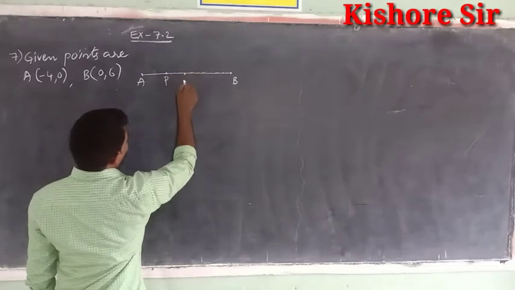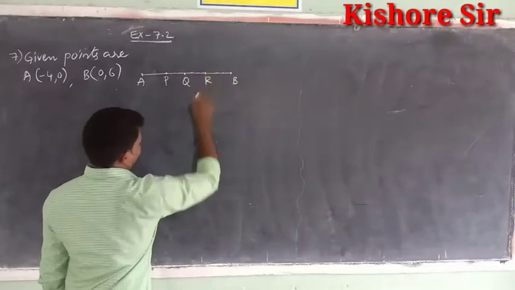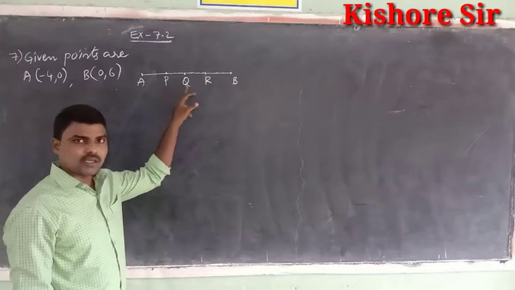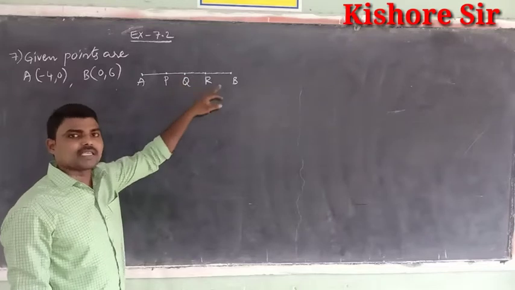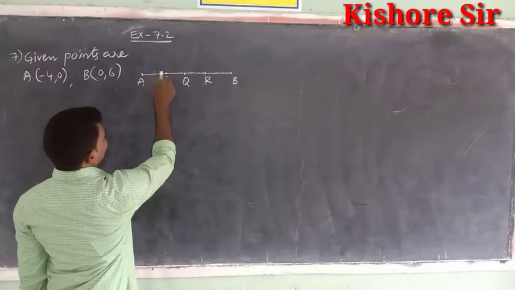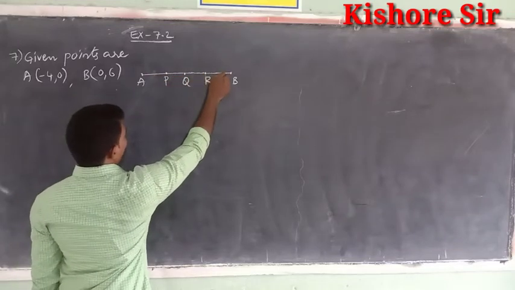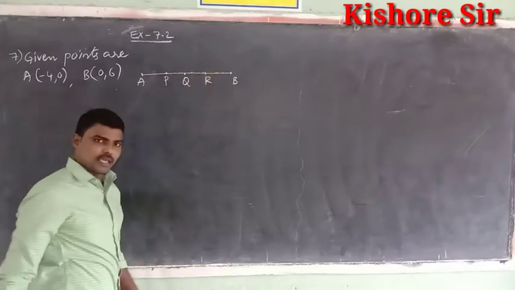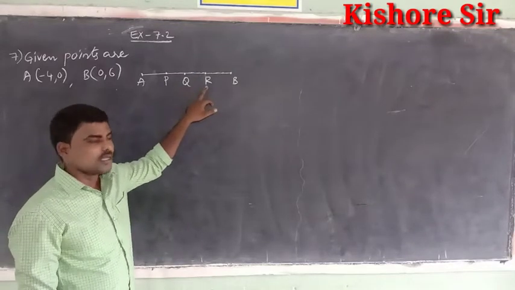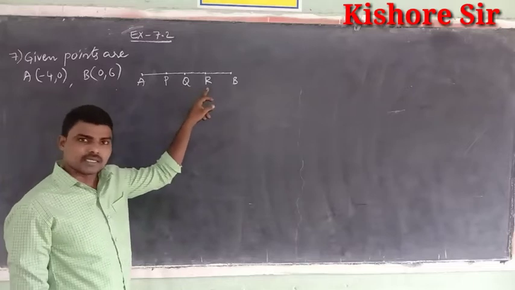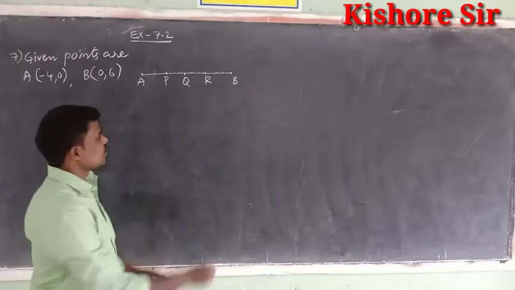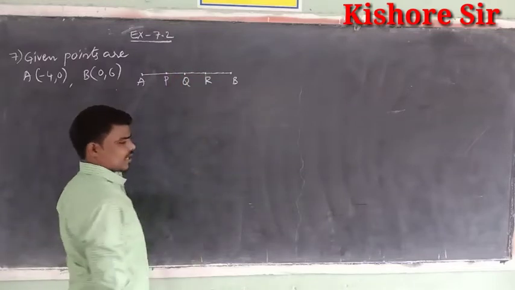Those are P, Q and R, which divide the line segment AB into 4 equal parts. 1, 2, 3, 4. These 4 parts are equal.